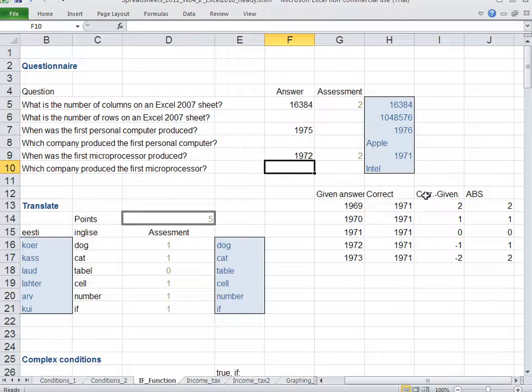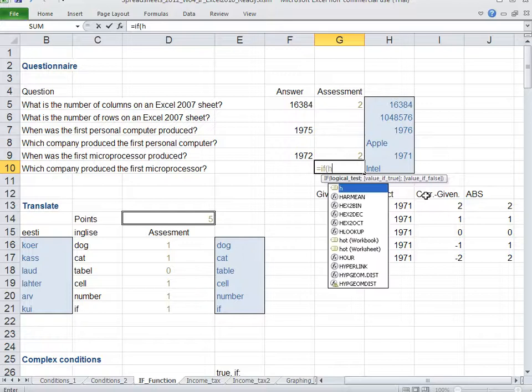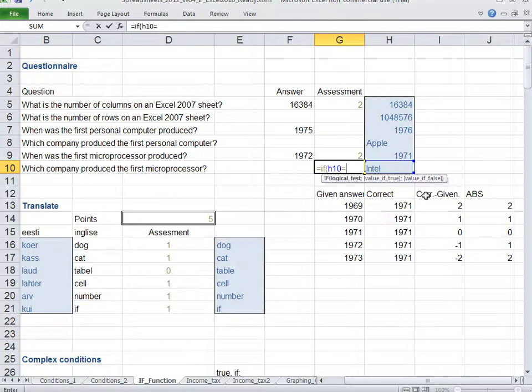Let's begin with this threefold option. At first, let's check for the right answer. Equals if, parentheses begin, and we want to check whether H10 equals F10. So we check whether the answer is absolutely correct. And in that case, let's say semicolon 2. So we give the user 2 points.